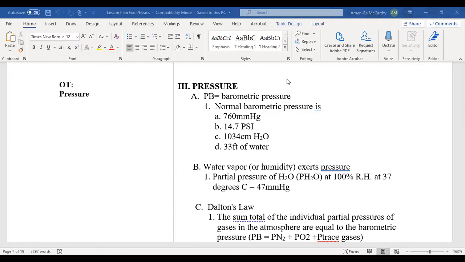Normal barometric pressure is written as 760 millimeters of mercury or 14.7 psi or 1,034 centimeters of water or 33 feet of water.